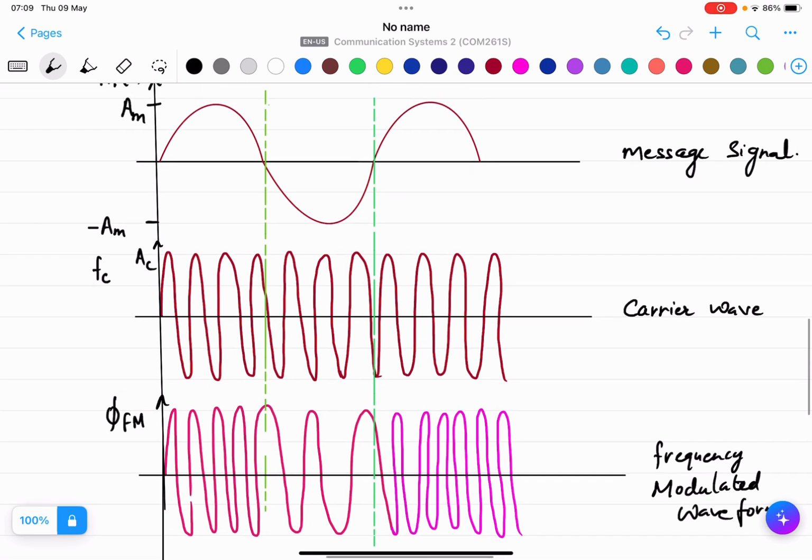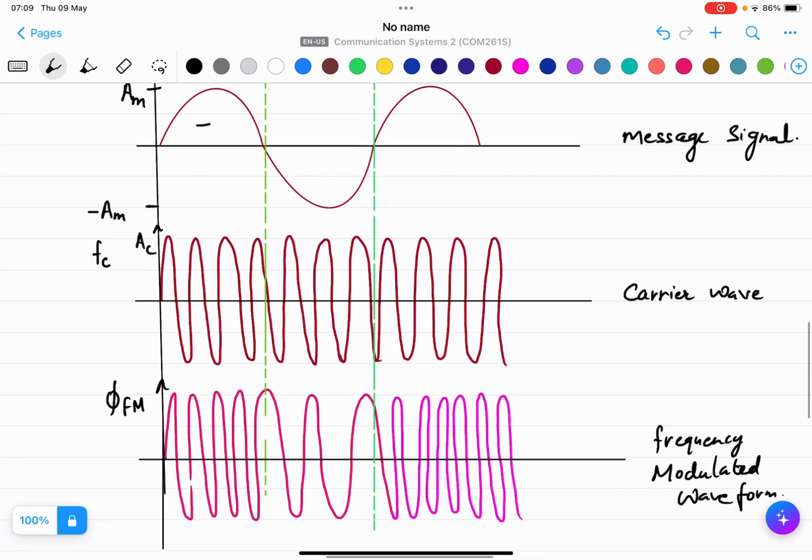Now as you see, when the message signal is positive, the frequency of the carrier signal is high. So you can see these are very close to each other, right? So the frequency is high. But when the message signal is negative, on the negative side, you can see now the frequency of the carrier wave is changing. It is low.